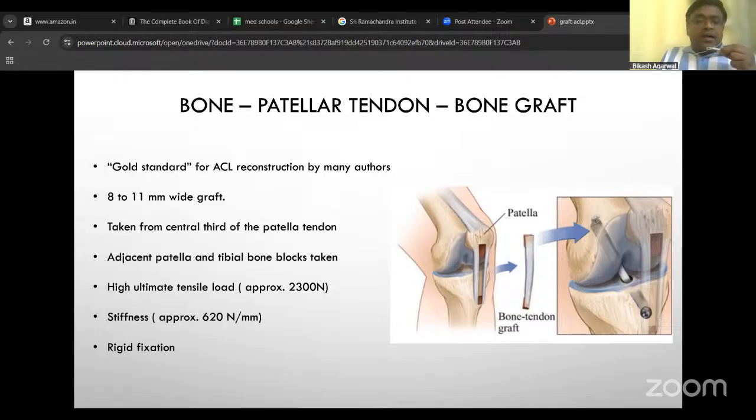So the blocks, both the patellar and tibial blocks are taken, and it is said to have a very high ultimate tensile load and very stiff graft. Mostly in our setting, we use the bone patellar tendon bone graft in case of revision ACL surgeries only.